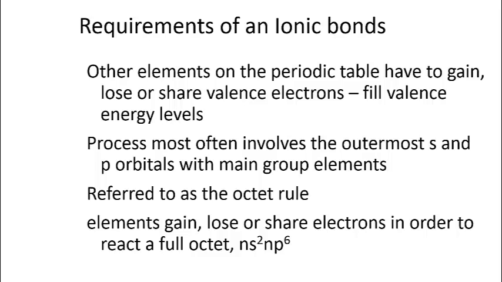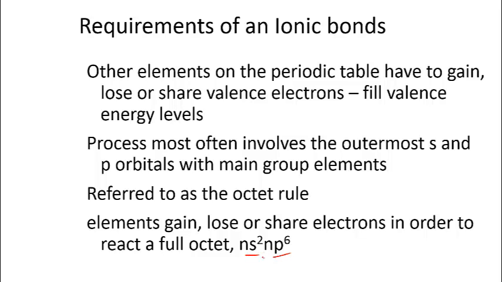Because of this, it's often referred to as what we call the octet rule. And this is because elements gain, lose, or share electrons in order to reach what we call a full octet. In an octet configuration, there are 8 valence electrons: 2 in the s subshell, and 6 in the p subshell.